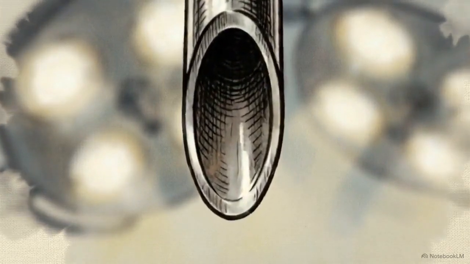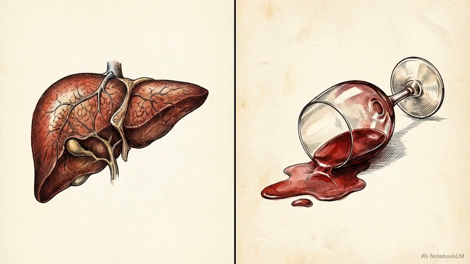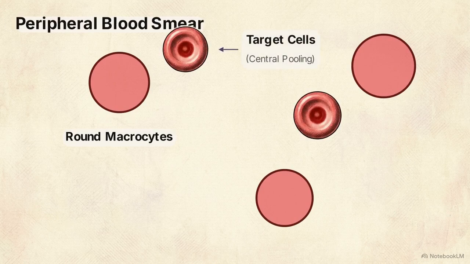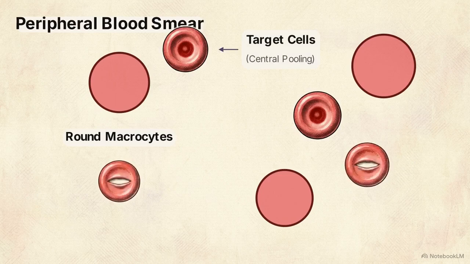Once artifacts and reticulocytes are excluded, the workup focuses on the 2 most common drivers of true non-megaloblastic macrocytosis: alcohol use disorder and liver disease. This peripheral smear reveals the pathognomonic pattern of hepatic dysfunction. You will find the expected round macrocytes, accompanied by target cells showing central pooling of hemoglobin, and stomocytes, characterized by their slit-like central pallor.